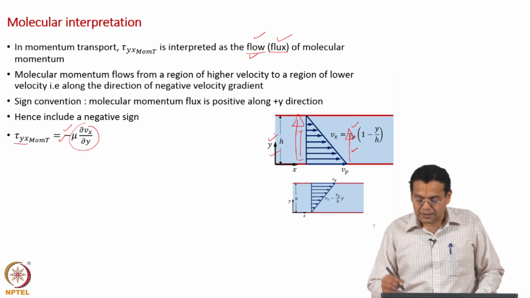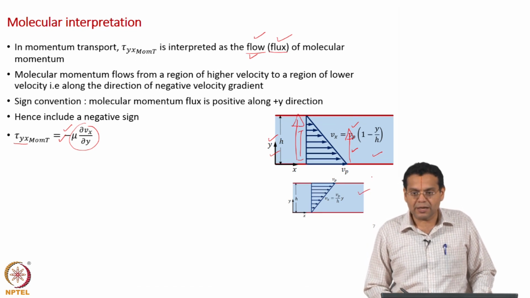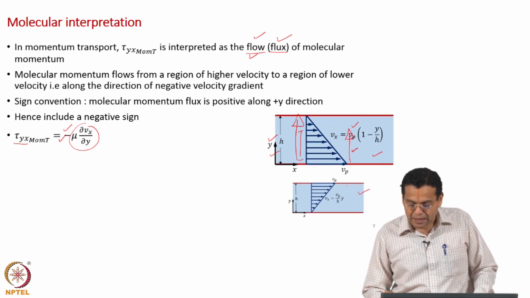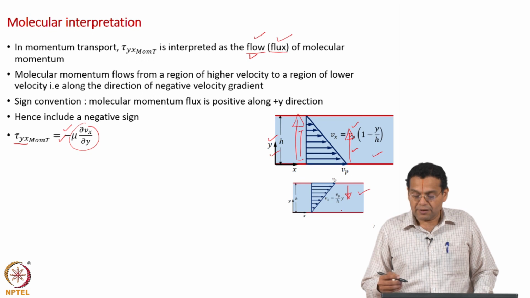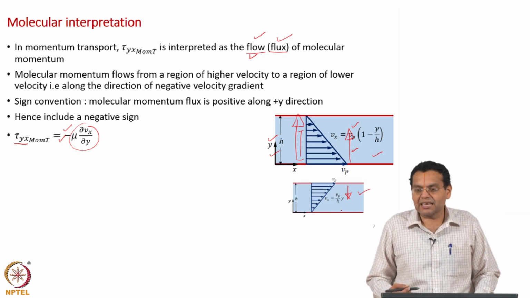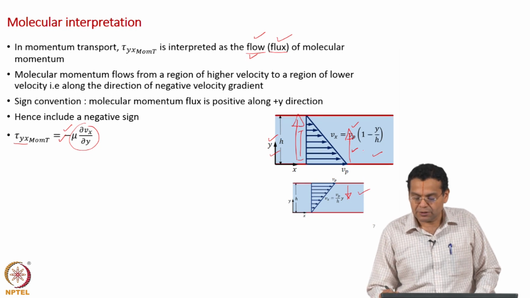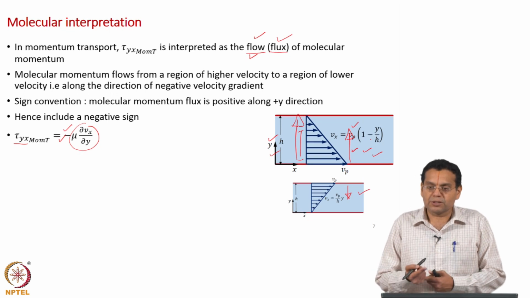Now, this is the reason why this example was considered rather than our usual example. What would have happened? In this case, I would have had a molecular momentum flux towards the negative y axis. I will have a negative molecular flux towards negative y axis, which is a little inconvenient to discuss. That is why we took this case where there is positive momentum flux towards positive y axis.